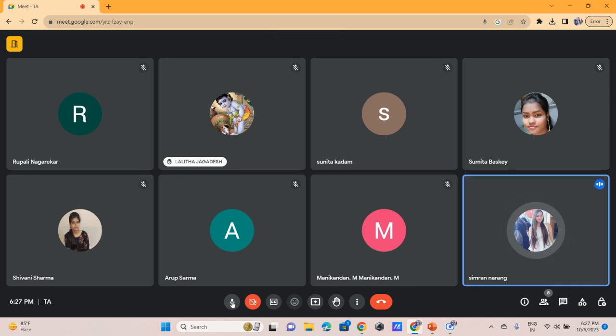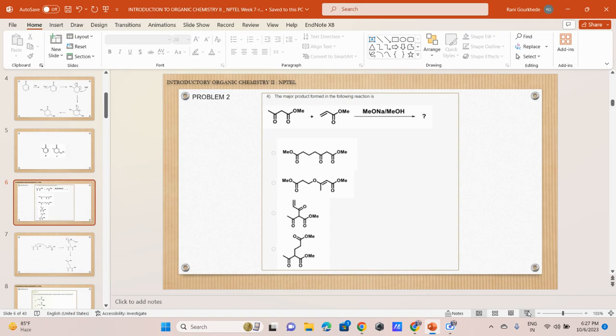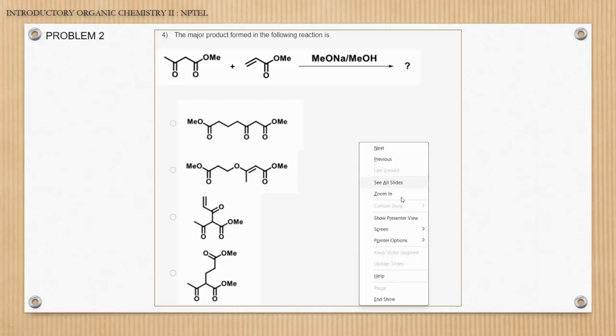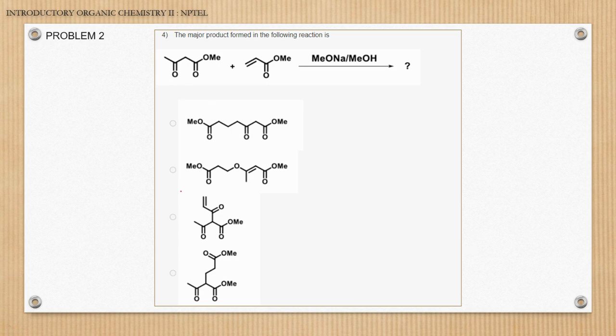Sorry for the disturbance, guys. It is again getting like I don't know what is happening. Getting disconnected again and again. Okay. So I was here. Okay. So tell me which is the correct one. I have showed the mechanism, right? So what is the correct option?